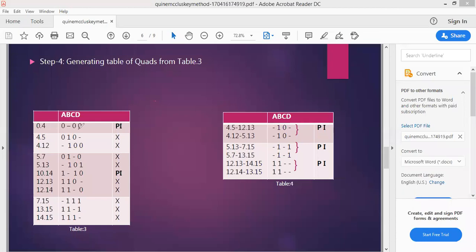So the first group is 0, 4, and the second group is 4, 5, and 4, 12. Here we have to compare these two positions. Can we group 0, 4 with any of the groups in the second group, that is 4, 5, and 4, 12?